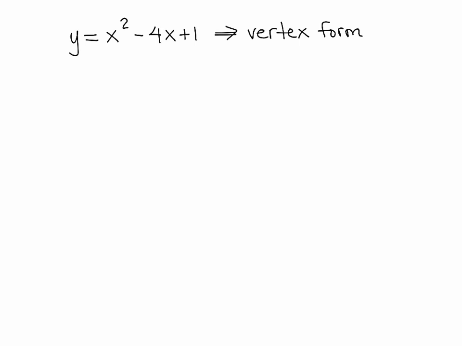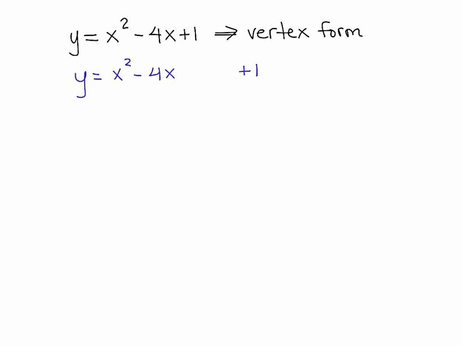In this example, rewrite y is equal to x squared minus 4x plus 1 into vertex form. In order to do that, we need to first rewrite y is equal to x squared minus 4x, a little space, and plus 1. We're going to complete the square.